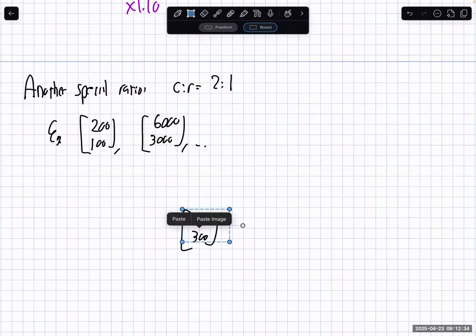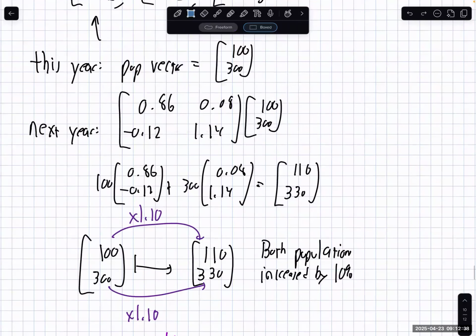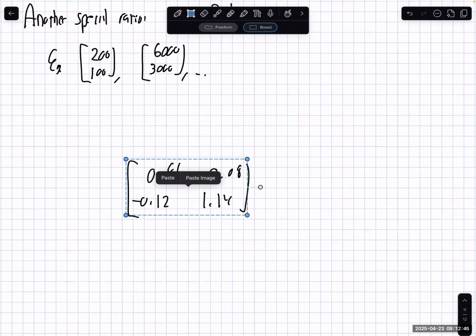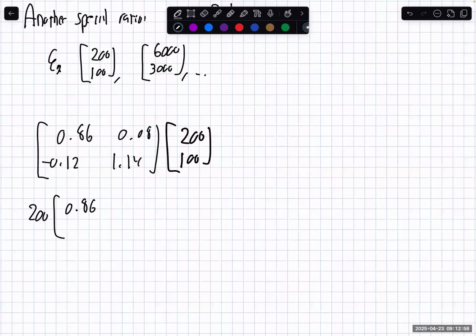So let's do the transition matrix. Apply it to this. I just want to emphasize here, we're doing that calculation we've been doing all semester.